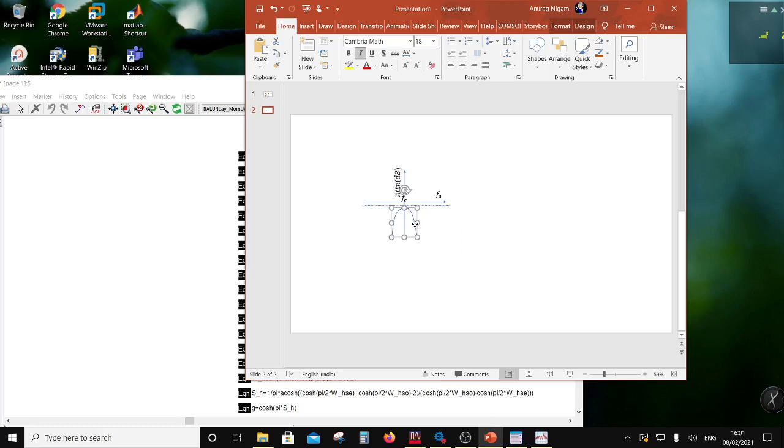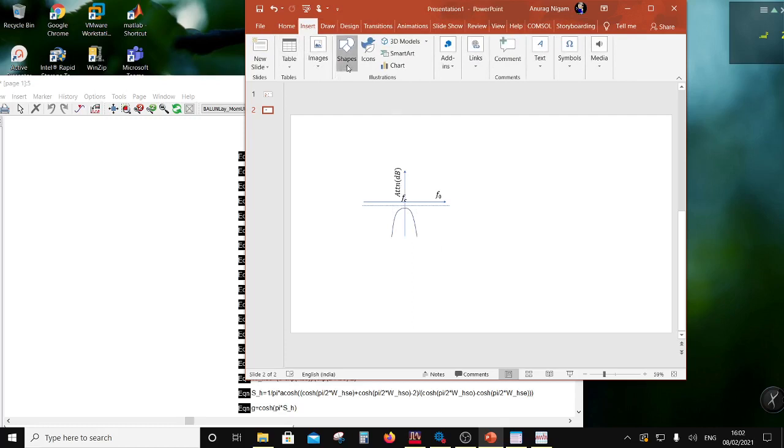Okay, and I'm plotting for different coupling coefficients, right? So this is a certain coupling coefficient, and let me draw another one which is doing something like this.